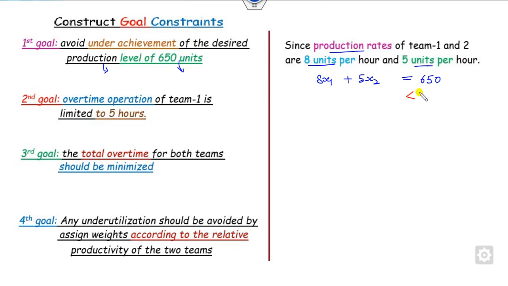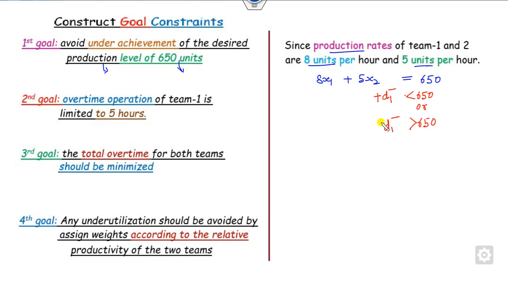It can be either less than 650 or greater than 650. Whenever it is less than 650, we add a negative deviation, and for greater we add a positive deviation.